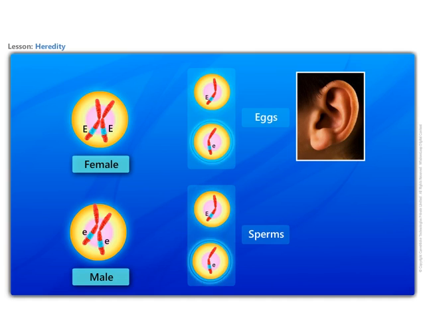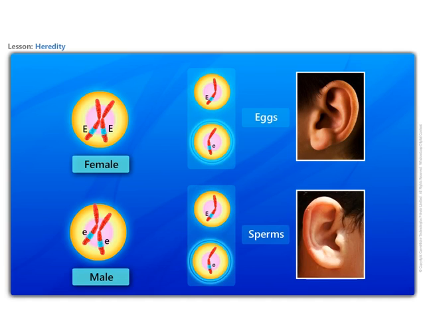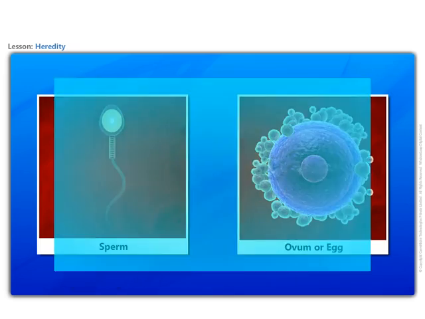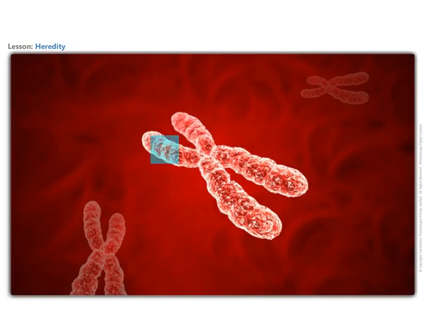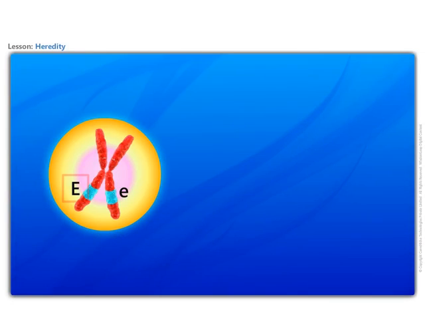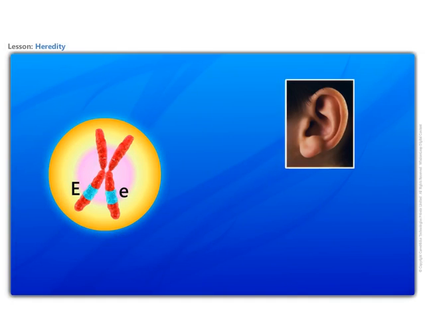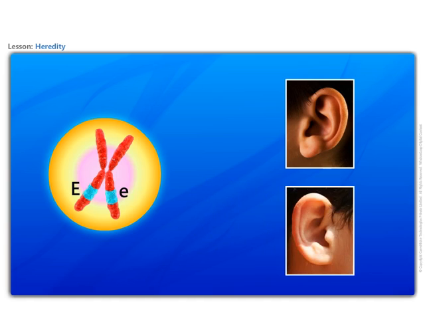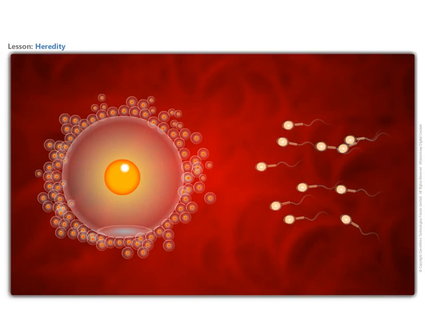The allele in the other sex cell may control a different form of the trait, having attached earlobes. Notice the gametes contain the chromosomes, the chromosomes contain the genes, and the genes contain the alleles. Capital E represents an allele that controls the trait free earlobe, and small e controls the trait attached earlobe. That was about gamete formation.